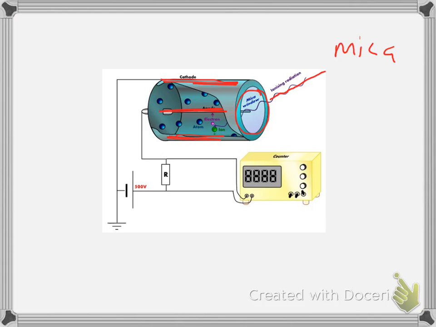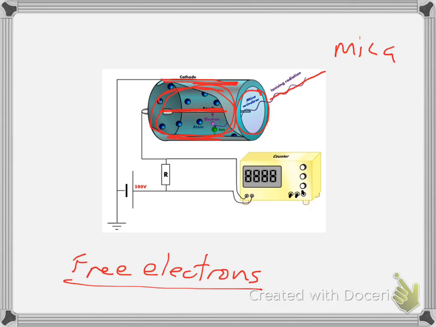So as they go in, they rip the electrons off of the gas in here, so now you have free electrons from the particles ripping through the gas, and then you have positive ions from the nucleus of the atom that you ripped the electrons from.